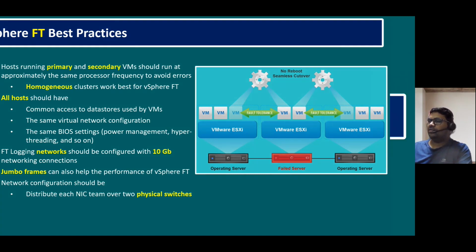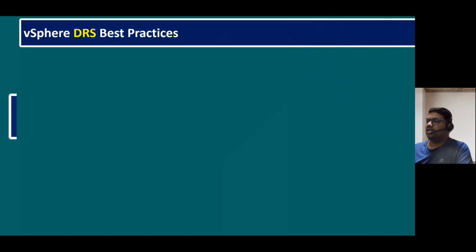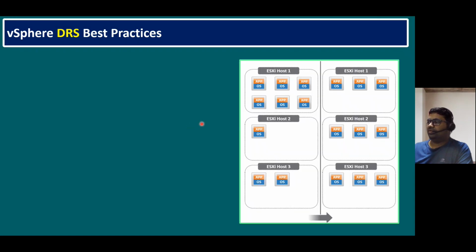Okay. Now another vSphere feature, DRS, Distributed Resource Scheduler. It is a load balancing mechanism. Let's understand the DRS high level overview. Suppose the left side part, ESX1, ESX2, ESX3, refers to one cluster. But if you see in this diagram, ESX1 is running 6 VMs, ESX2 running 1, ESX3 with 2 VMs.